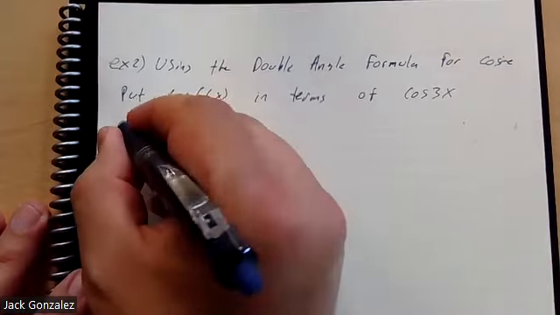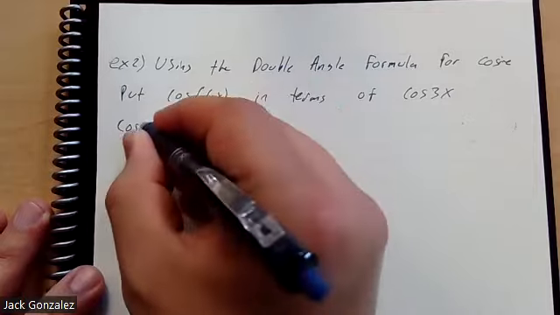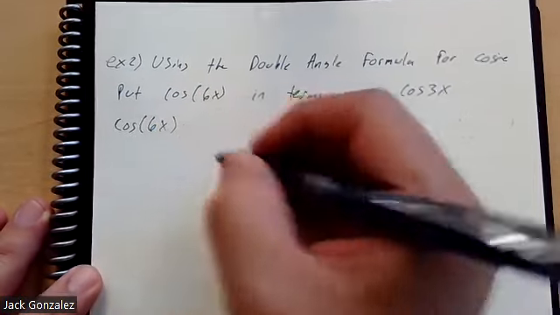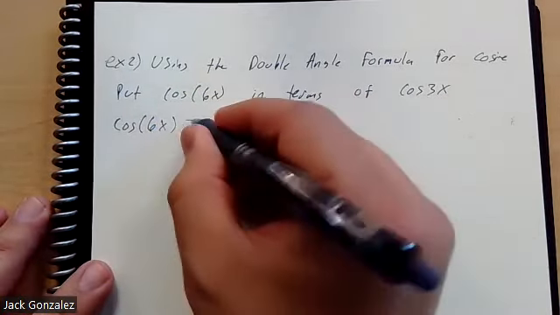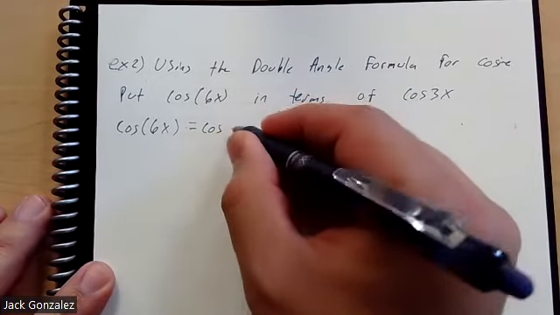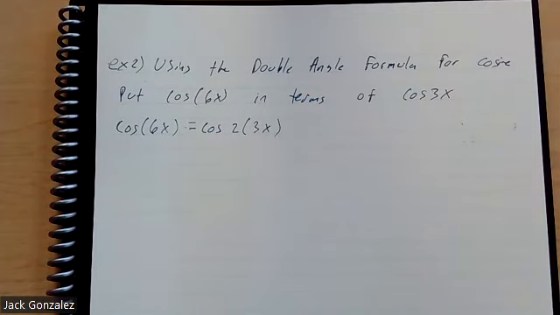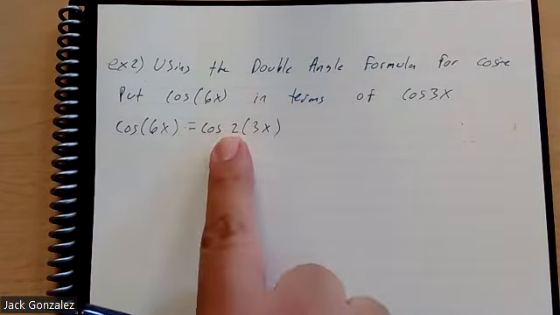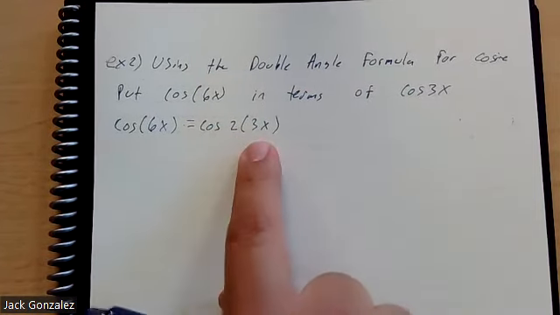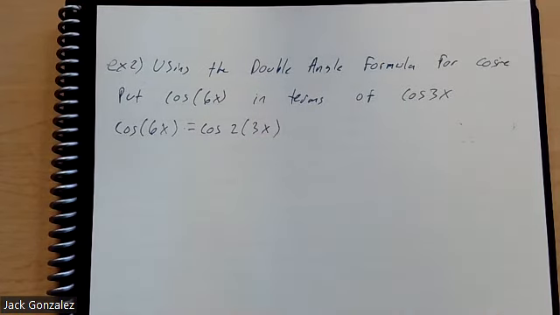Okay, yeah. Do you guys agree that 2 times 3 is 6, right? So this is the double angle, so you can apply the double angle and get to a cosine that just has 3x instead of a 6x.